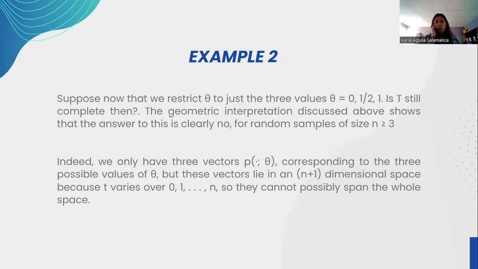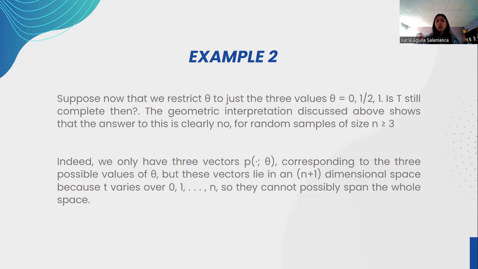Now, in example 2, we suppose from the previous example that we restrict the value of theta to 3 values, that are 0, 1/2 and 1. And we ask ourselves if this is still complete. The geometric interpretation discussed shows that the answer is no, for random samples of size n greater or equal to 3.